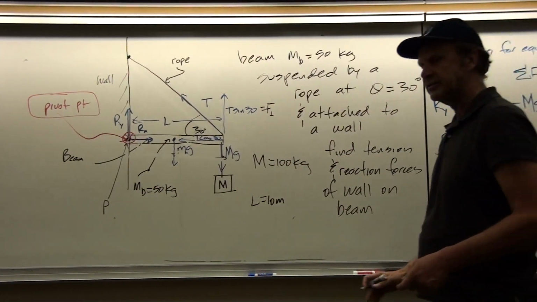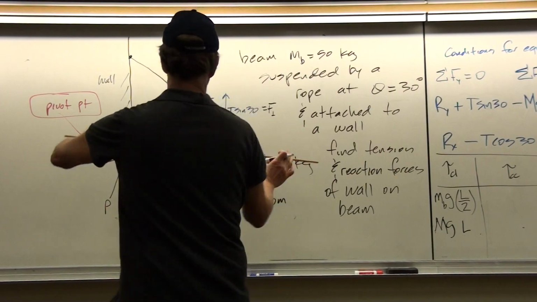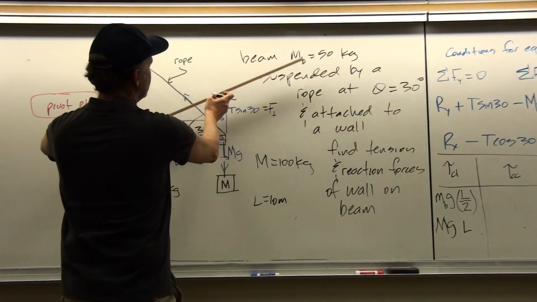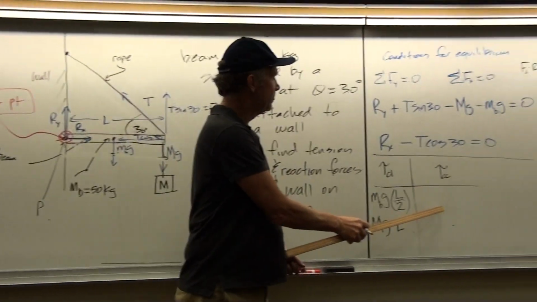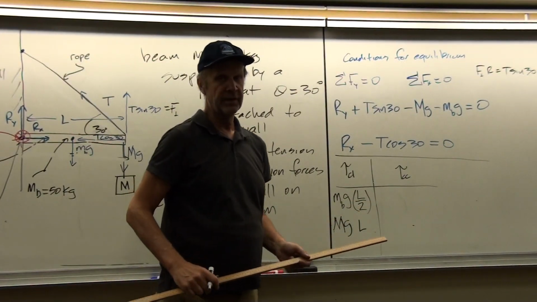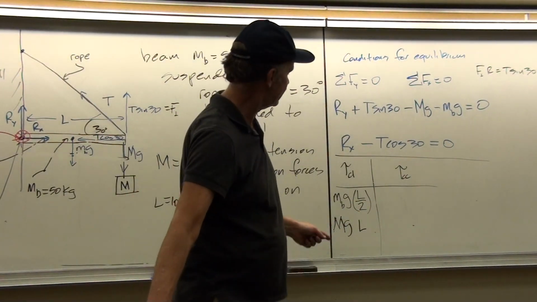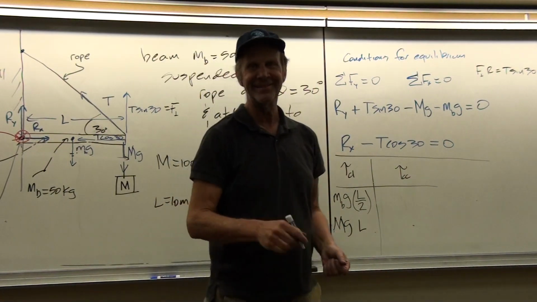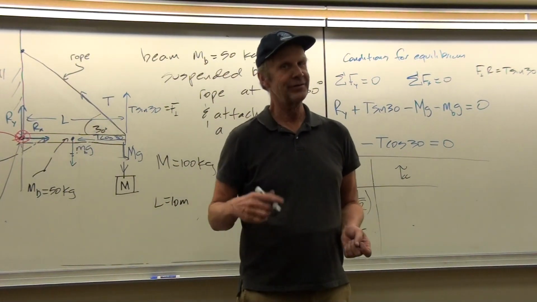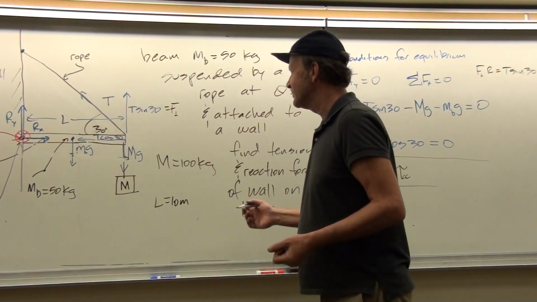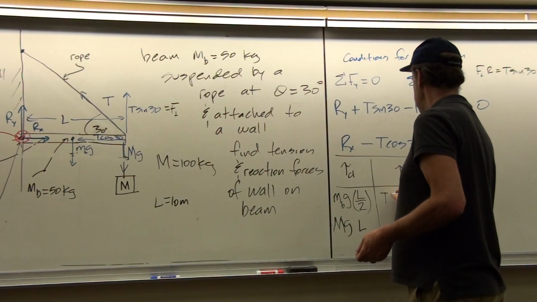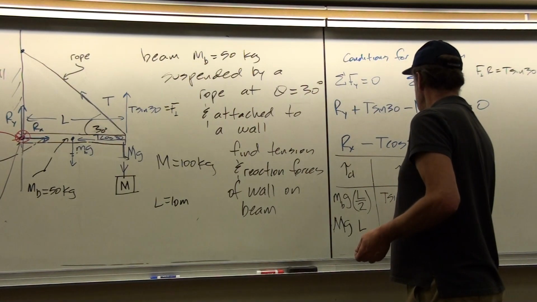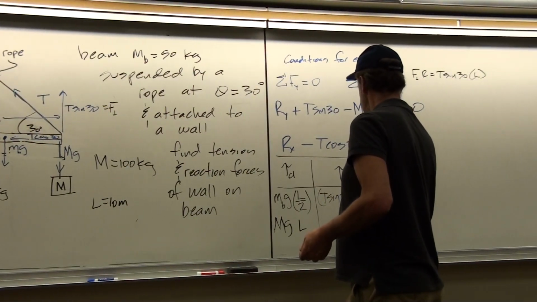And so that will make the system want to rotate counterclockwise. So you want to always verify that you've got at least one in each column. Because if all turn out to be clockwise, then the system's not in equilibrium. It's rotating. So that means you made a mistake if you have an equilibrium problem. So this is going to be T sine 30 times L.